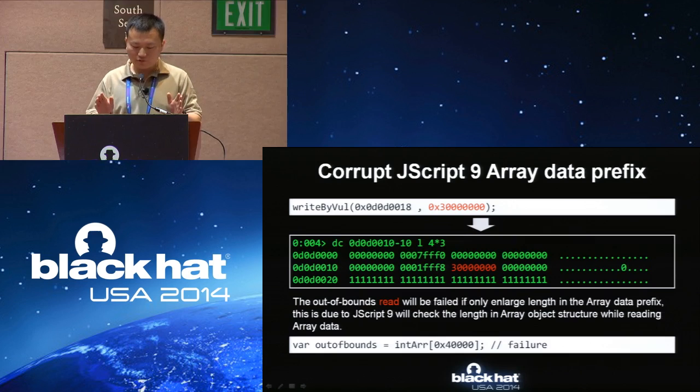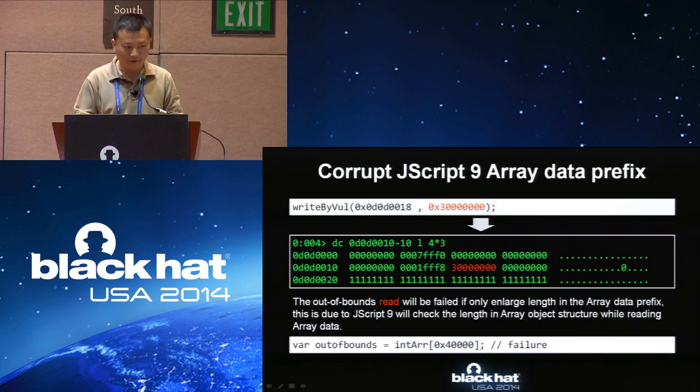But the real challenge is here. There is a little difference between BSTR and array data. If we only enlarge the length in the array data prefix, the out-of-bounds read will fail.